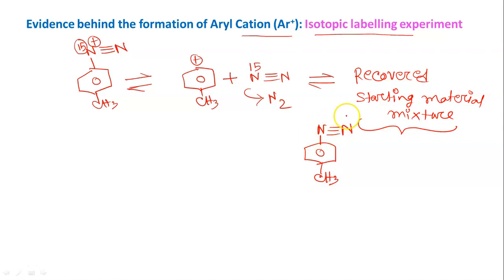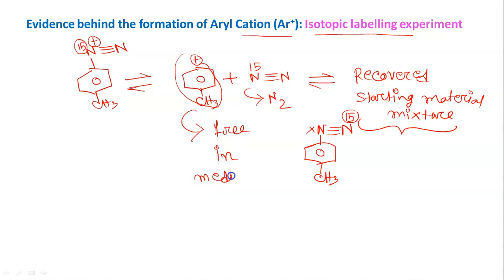Now the 15 nitrogen is this nitrogen, not the nitrogen which is directly attached to the benzene ring, not this nitrogen. So this type of exchange of nitrogen is possible only if this aryl cation is free in the medium.